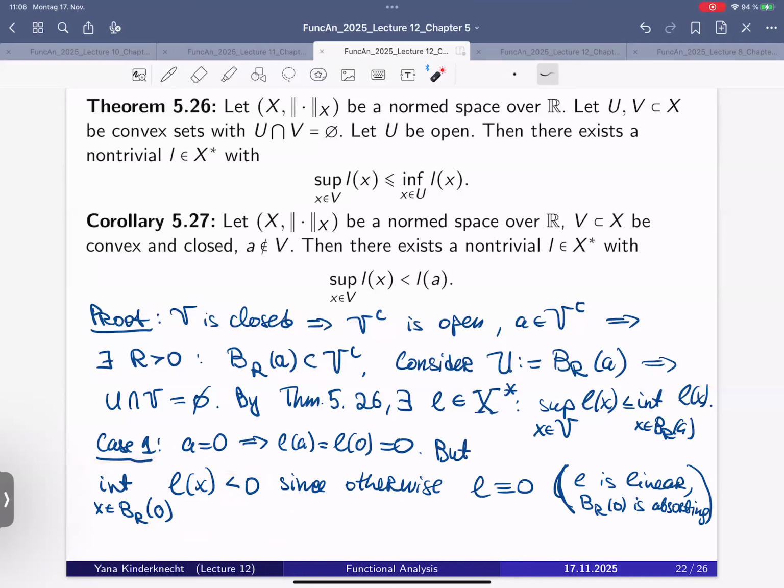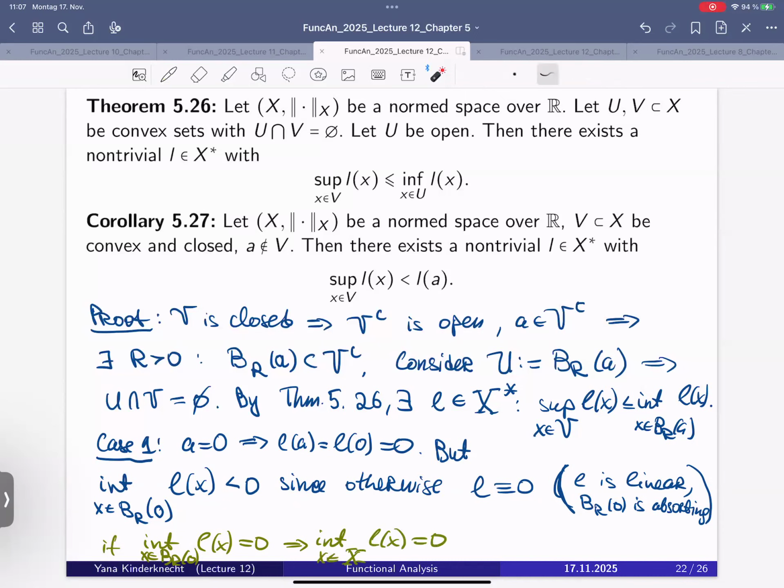Because if the infimum is just identically zero, what does it mean? Using the linearity of this functional and the fact that the ball is absorbing: if the infimum over all x in this ball of L of x is zero, hence the infimum over all x in our space of L of x is also zero.